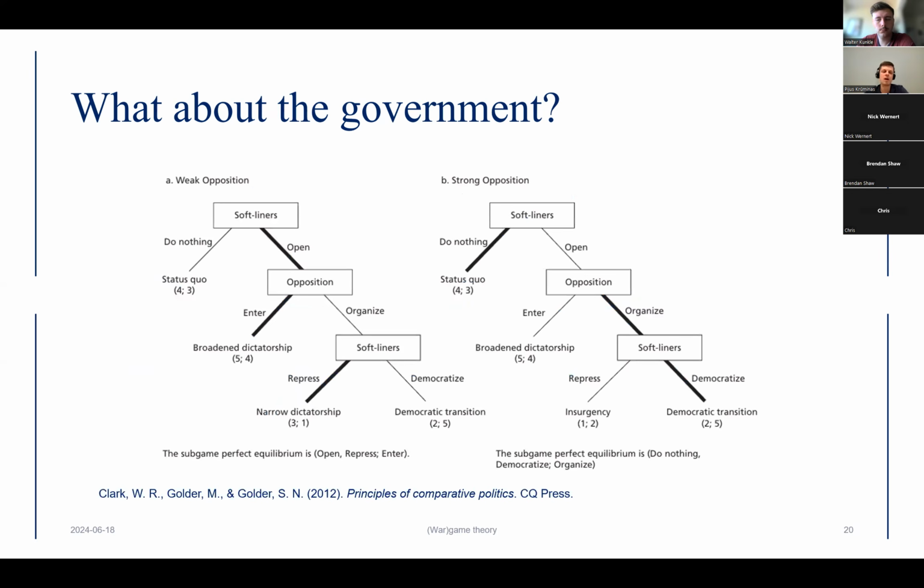Within the same textbook on comparative politics, we also had game theory-based models that described when a dictatorial government may decide to open up a little bit for the opposition, enabling a broadened dictatorship while still controlling the government. And it sometimes fails if they miscalculate whether the opposition is strong or weak.